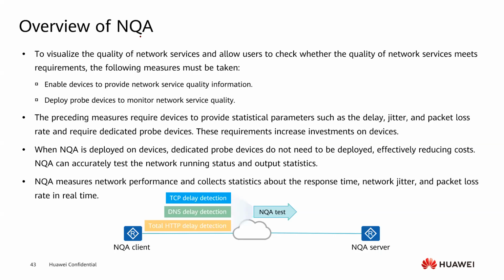Another is NQA. NQA can detect the quality of the network, but not in a very accurate way. The NQA test has many different types of tests, like TCP, DNS, web test, UDP test, ping test, etc. But NQA has a little bit of a problem. How does NQA do the testing?